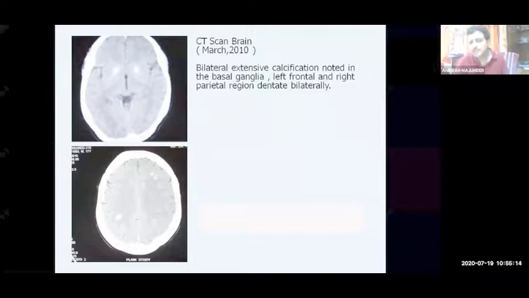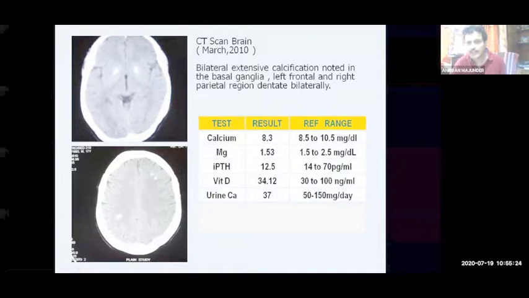The CT scan was done because the patient had a history of convulsion, and we found bilateral extensive calcification of the basal ganglia. Now the calcium level was 8.3, it was repeated, magnesium was normal, iPTH was 12.5, and vitamin D was normal. So low calcium, normal vitamin D, and a normal or low iPTH value indicate that we are dealing with hypoparathyroidism.